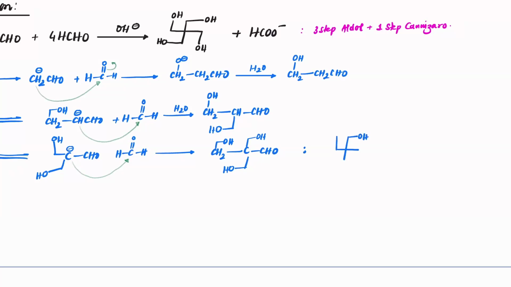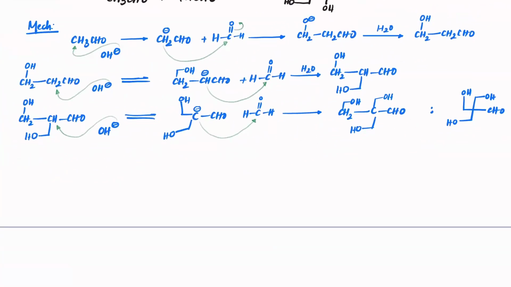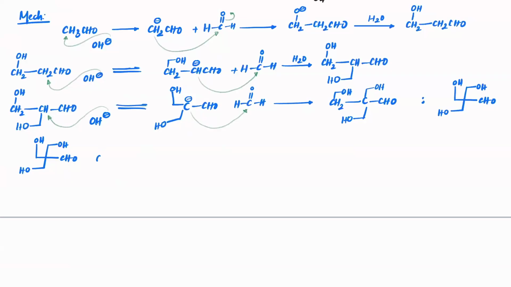We have OH, OH, and OH with CHO. So this is what has been coming across. Now you can notice that there is no more alpha hydrogen. And since there is no more alpha hydrogen, OH minus will go attack on the aldehyde this time, making it a Cannizzaro form. Okay. So as it goes here, so you will get this as OH. Okay. Sorry.